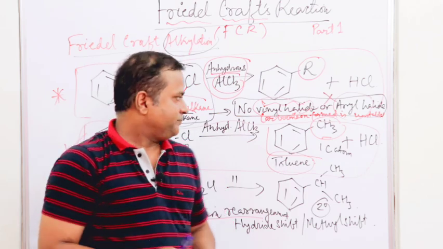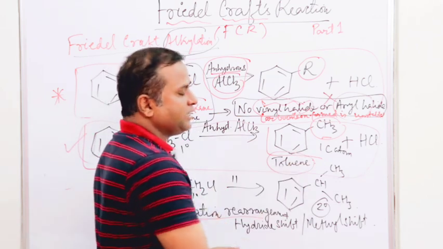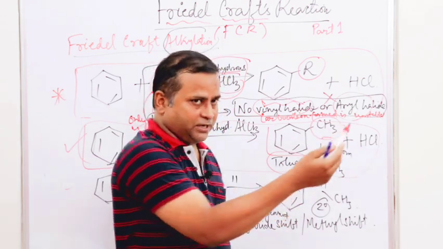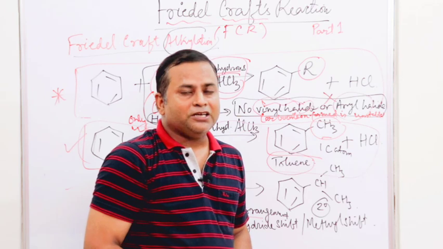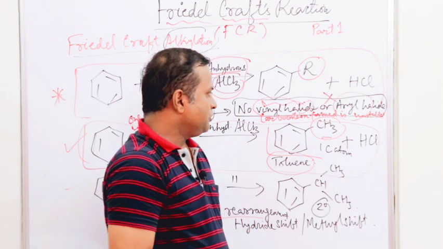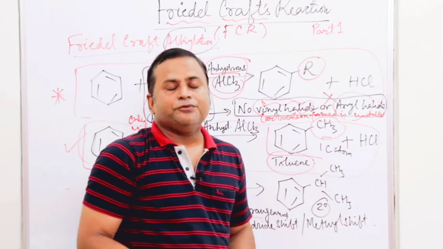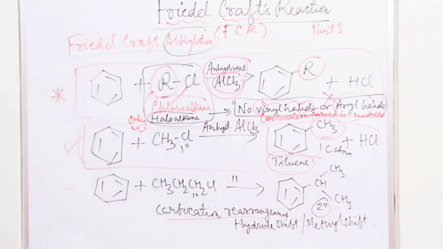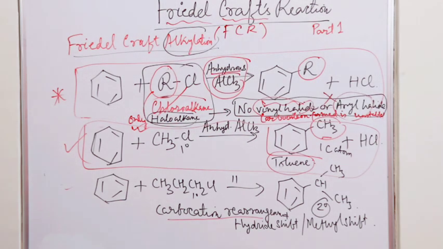Now this methyl benzene or ethyl benzene, this methyl group or the ethyl group, they are electron donating in nature. As a result, what will happen? They will be more reactive, and hence the products are more susceptible to electrophilic attack than what we began with.